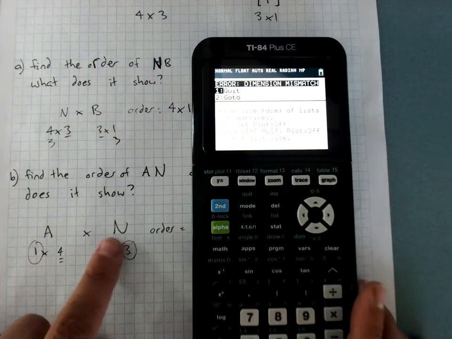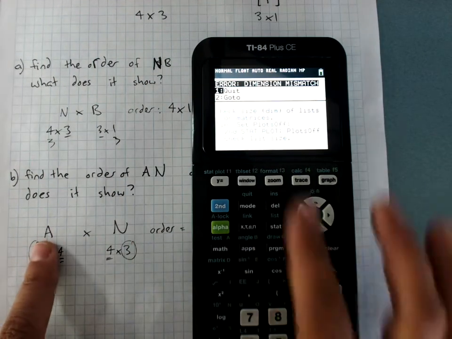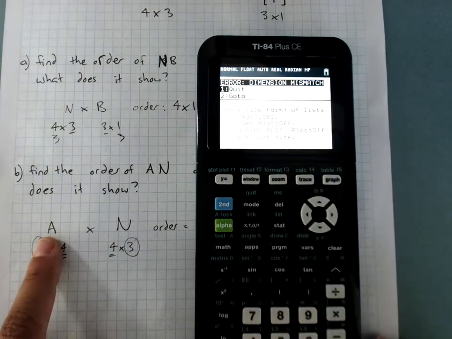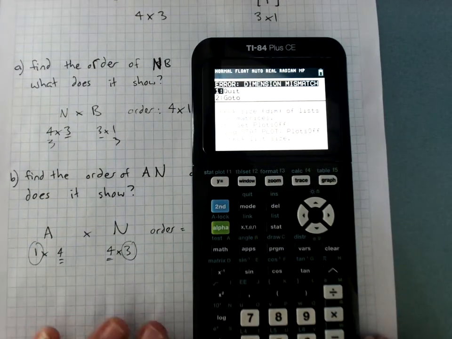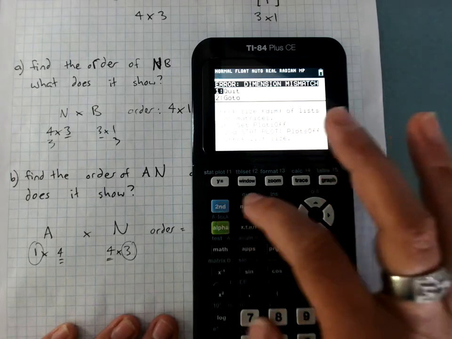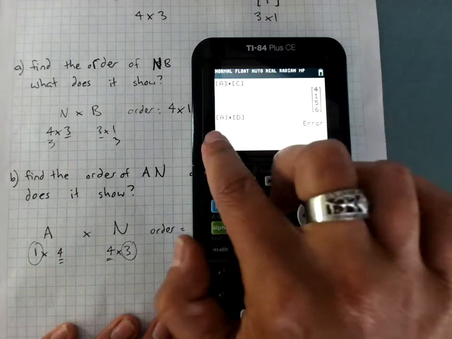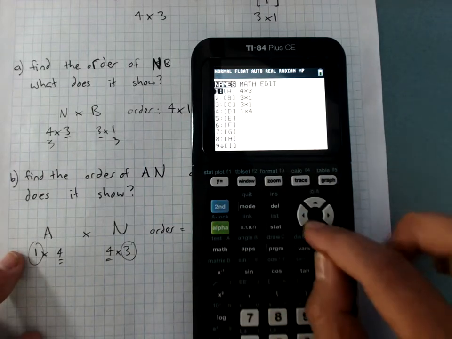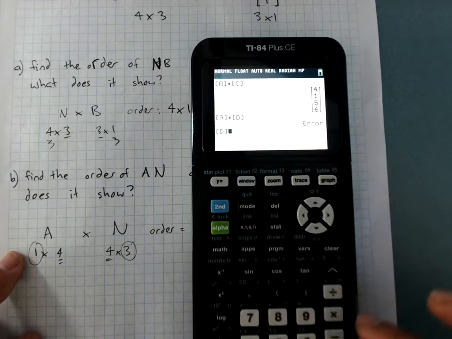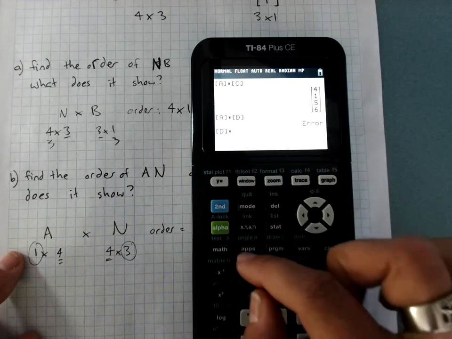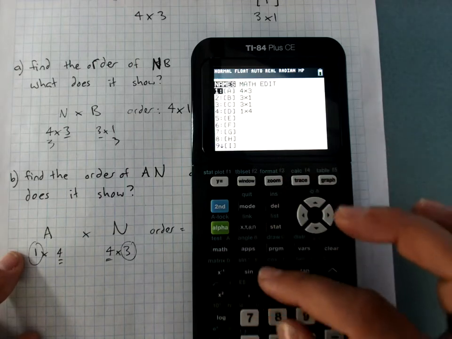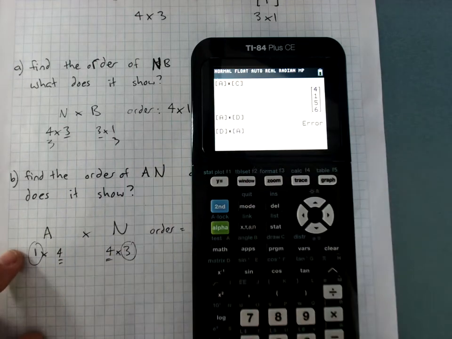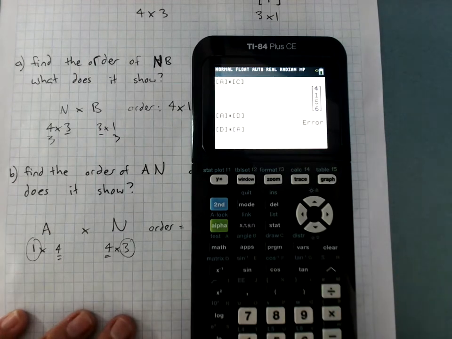I did my original times A. I got a dimension mismatch. It's telling me I can't do that. That's very helpful. Wrong thing. I've got to start with the matrix I just entered, matrix D. Do that times my first matrix. So when that happens, you know that your matrix is undefined.